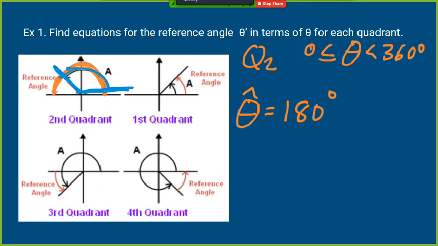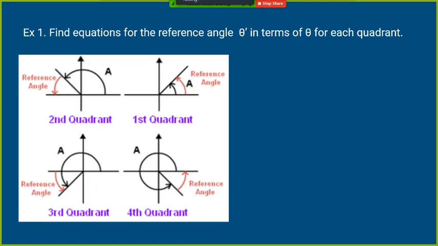If we subtract theta from 180, look what's left, just that orange part right here. That's the reference angle. So when theta is in quadrant 2, the reference angle is 180 minus theta.